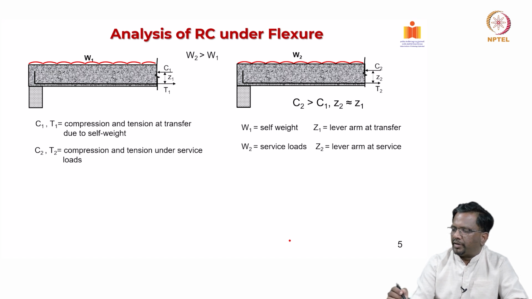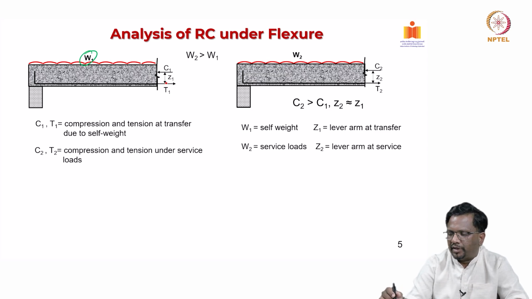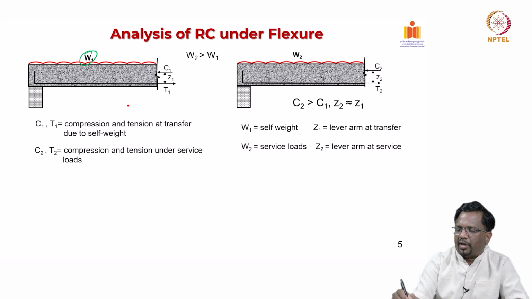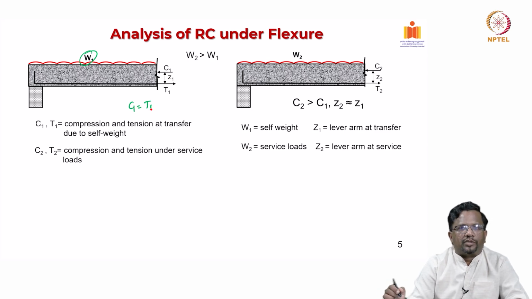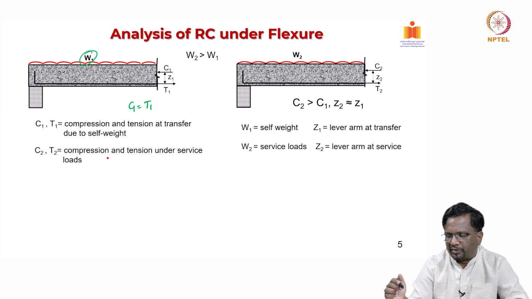We have seen that in case of pre-stress concrete section, if load is, let us say, W, and this is the way the lever arm is there, Z1, and the internal forces are C1 and T1, and we always know that C1 will be equal to T1, which are compression and tension forces due to self-weight, and let us say C2 and T2 are compression and tension forces under service loads.